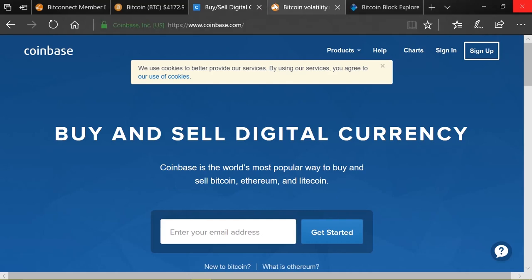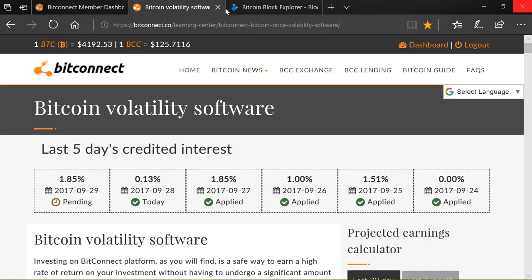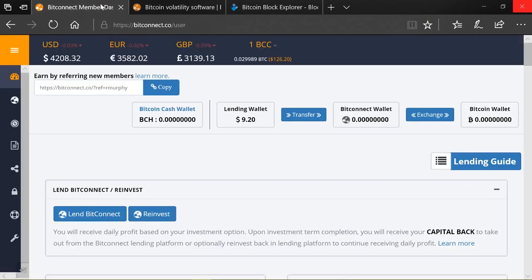These again are some of the places where you can buy and sell. So you need to find somewhere where you can go to an exchange, and exchange to and from Bitcoin to get your Bitcoins to be able to move.